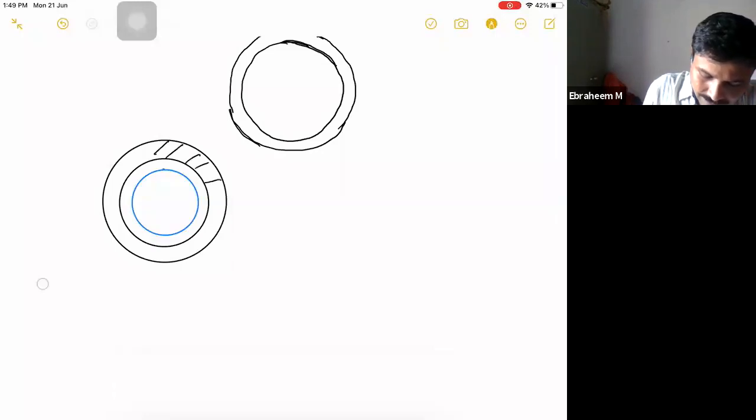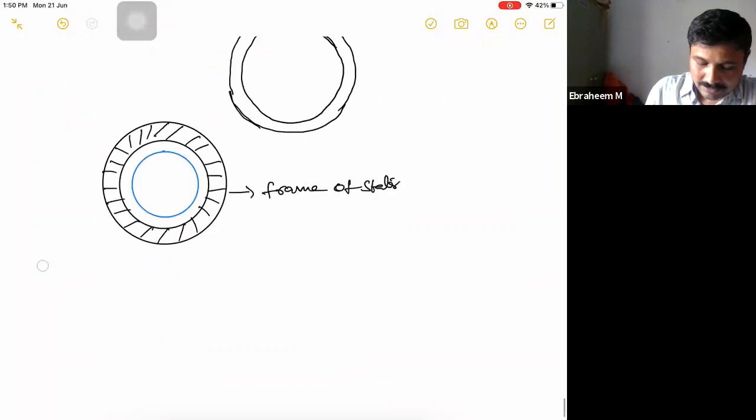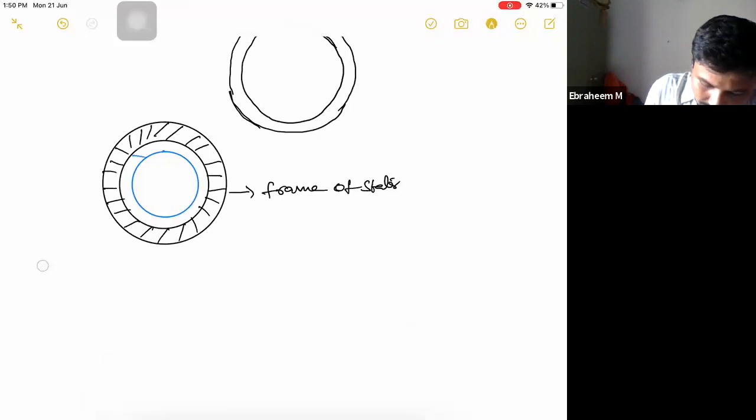This is the frame of the stator. The inner one I will shade with blue color. I should not shade it because I have to do something with it.